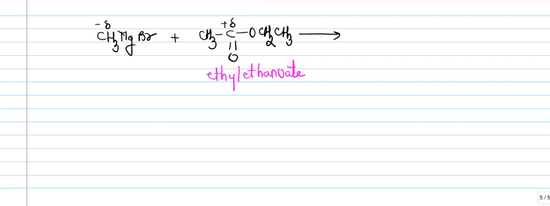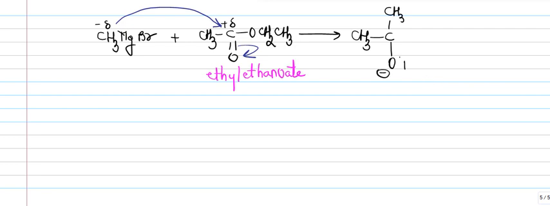The first step is a nucleophilic addition, and so we get CH3C(CH3)O minus MgBr plus OCH2CH3.